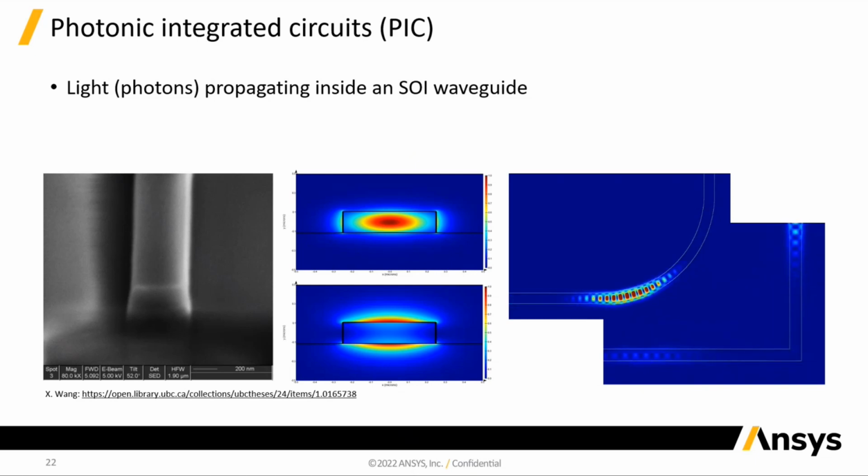On the right side, there is a right-angle path for the waveguide, so the return signal will be large compared to a round-edge waveguide. We also analyze the fundamental TE and TM modes for the waveguide.